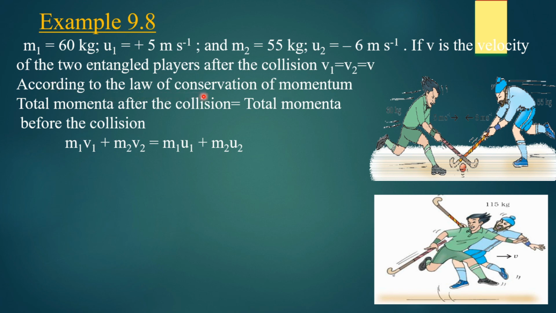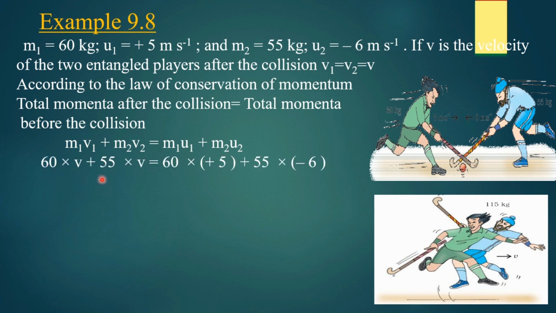According to the law of conservation of momentum, total momentum after the collision is equal to total momentum before collision. Therefore, m1v1 plus m2v2 is equal to m1u1 plus m2u2.